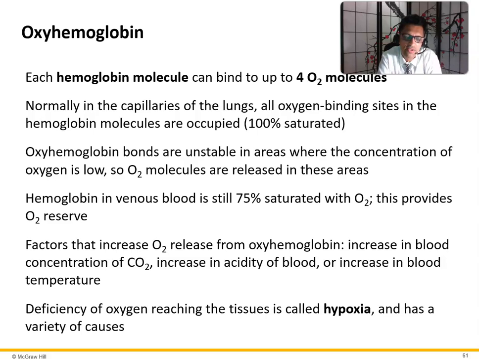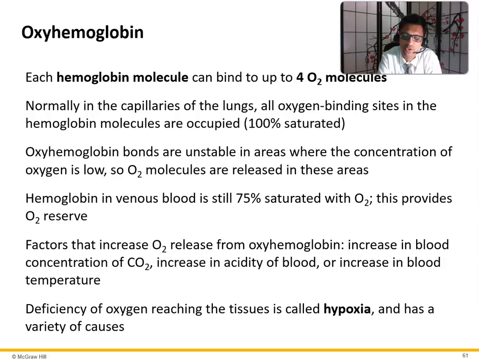Okay, factors that increase oxygen release from oxyhemoglobin: an increase in blood concentration of carbon dioxide, an increase in the acidity of blood, or an increase in blood temperature. So those are all factors that increase oxygen release. If I don't have enough oxygen, what can cause that?